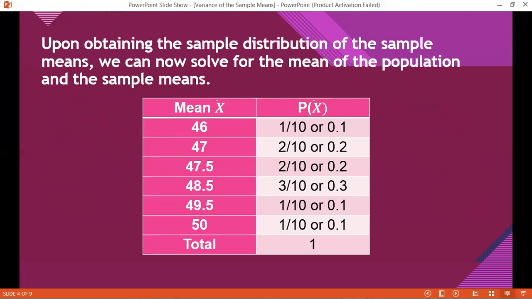And if you forgot about this or how we were able to get this table, kindly view the video about the sample distribution of the sample means.